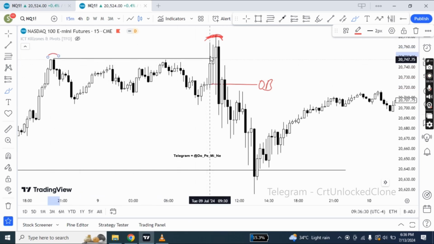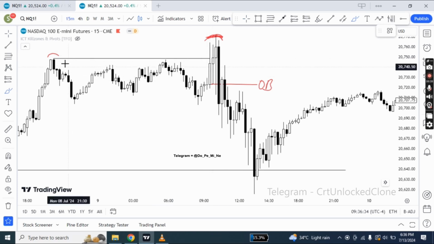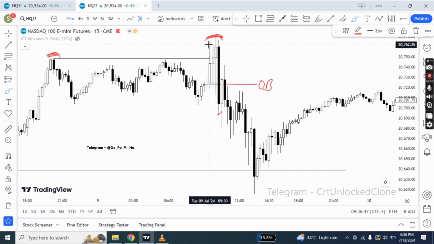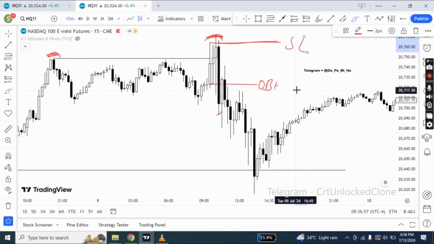This candle took out liquidity by purging above Monday's high, and now I'm going to wait for this candle to be engulfed, and when it engulfs and price closes below it, it becomes a key level for us, which is known as an order block. My entry is going to be at that order block's open, with my stop loss above that order block's high.